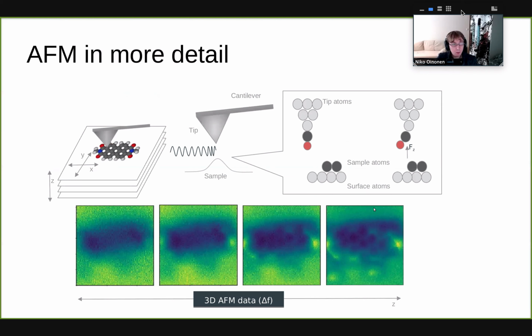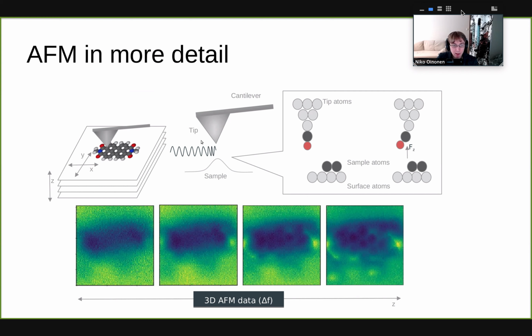Looking at AFM in a bit more detail now. So again, you have this very sharp tip, which is in some kind of interaction with the sample. Here we will be considering frequency modulation AFM, where the idea is that the tip is oscillating at some constant amplitude. And the thing that you actually measure is the change in the oscillation frequency of the tip.